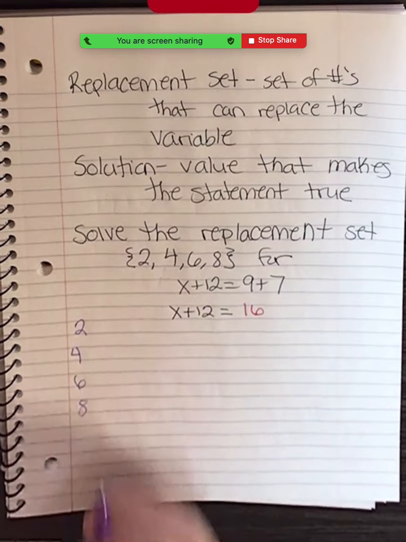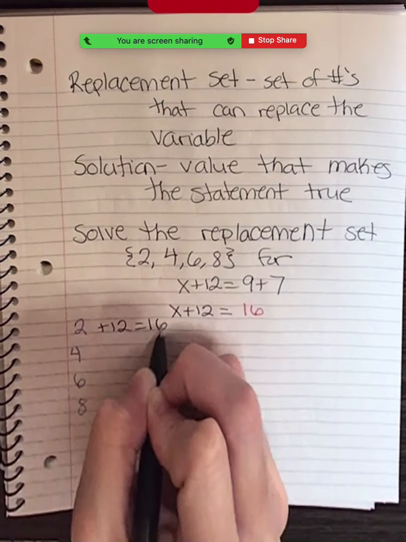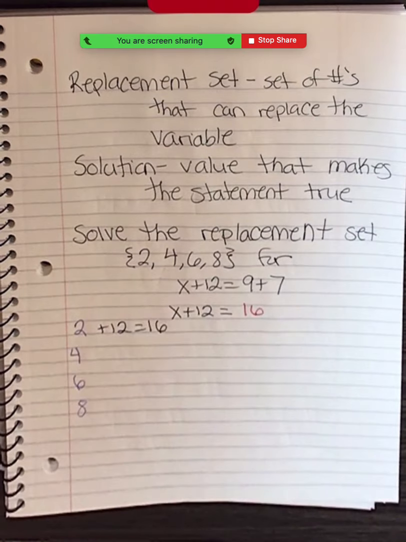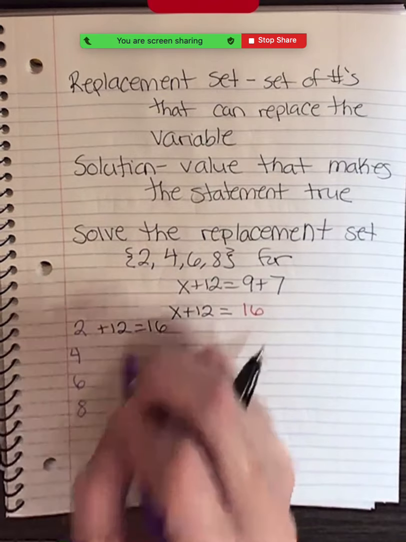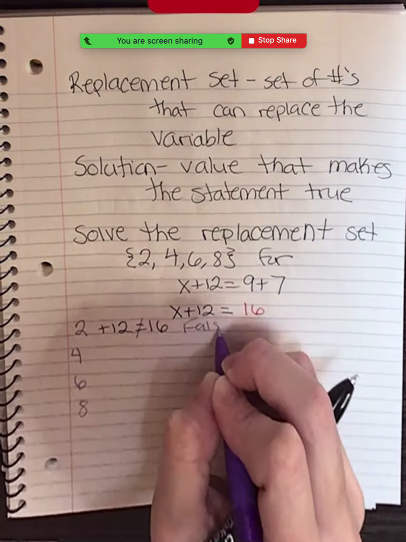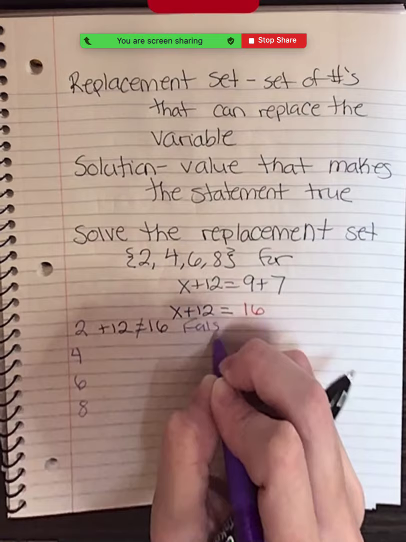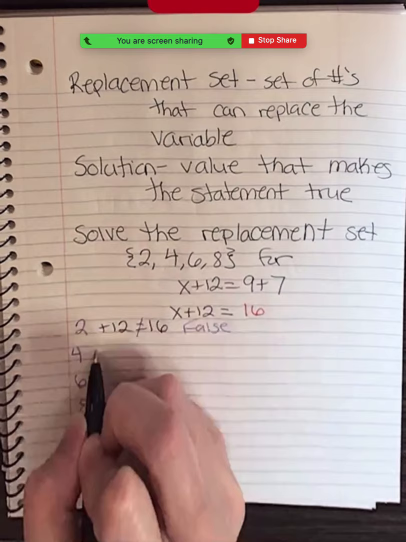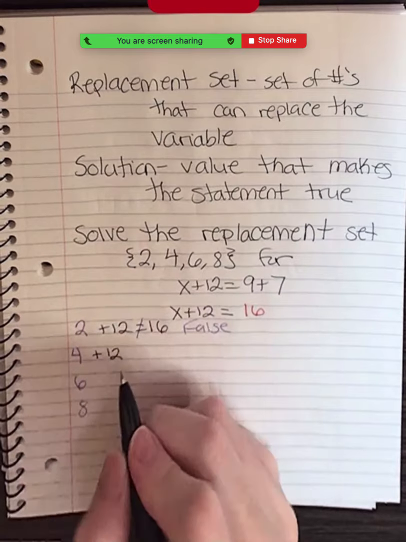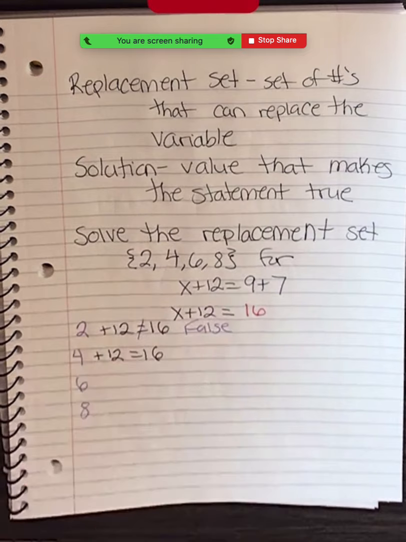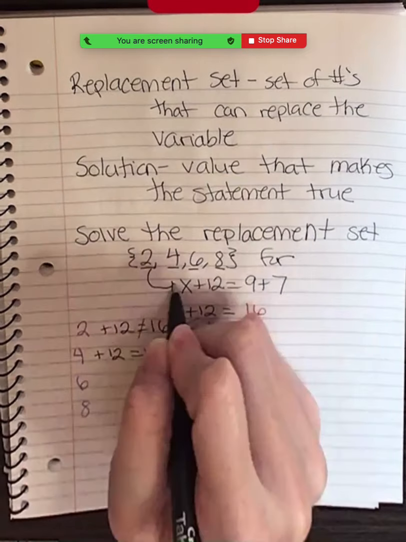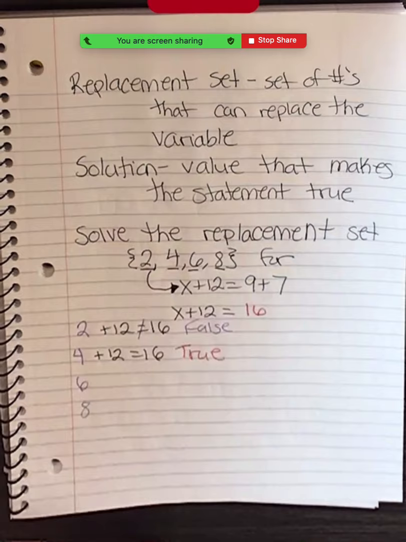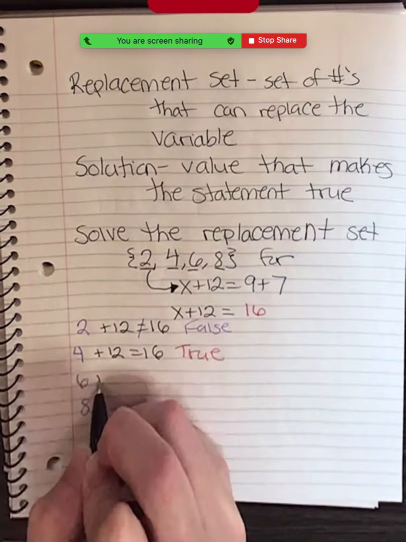So 2 plus 12. Does that equal 16? Nope, that's false. 4 plus 12. Does that equal 16? It does. What you're doing is taking these numbers in your replacement set and plugging them in for x and seeing if it makes a true statement or not. So 4 plus 12 equals 16. That's true. 6 plus 12 does not equal 16.